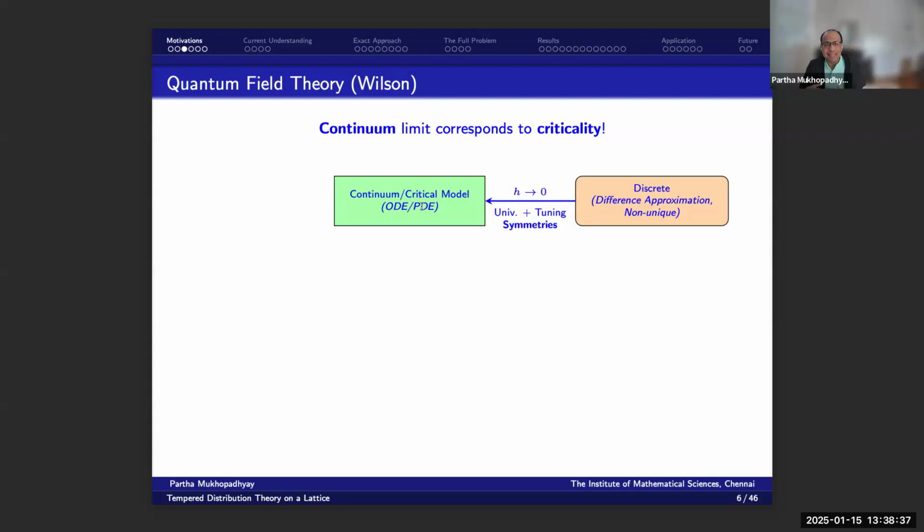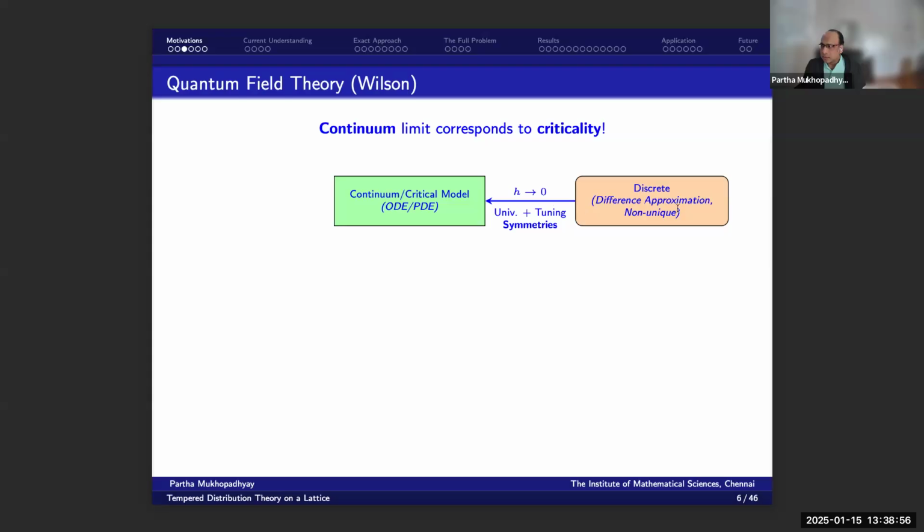So he mimics that mathematically and tries to write down a theory on the lattice scale. This lattice is like the microstructure of the quantum field theory, and the quantum field theory is supposed to emerge as a critical model from that.